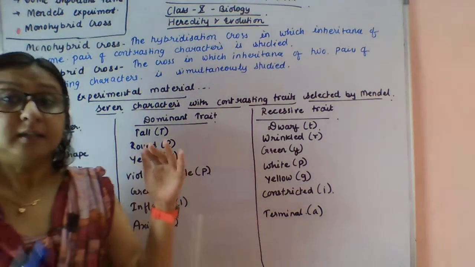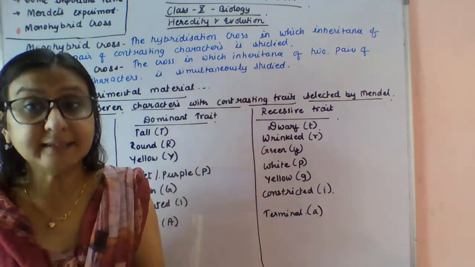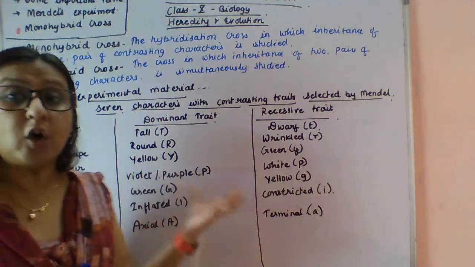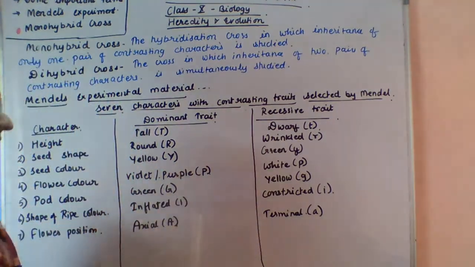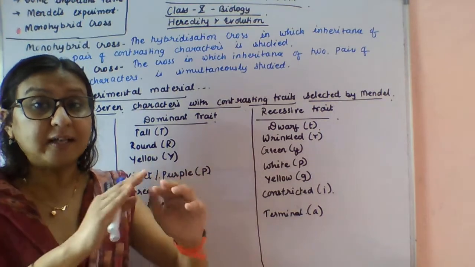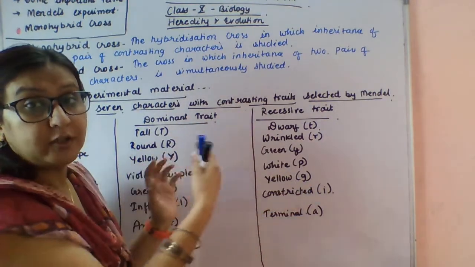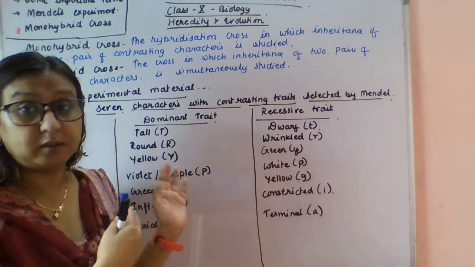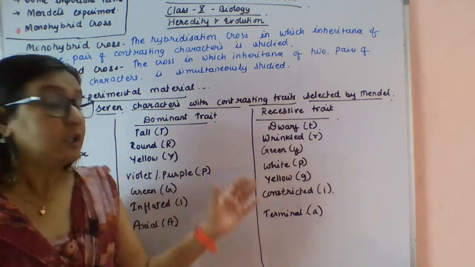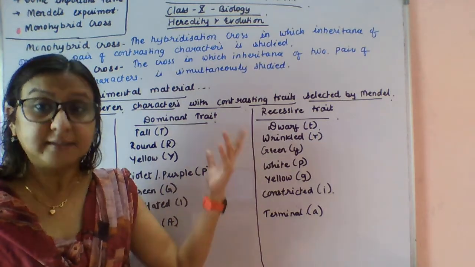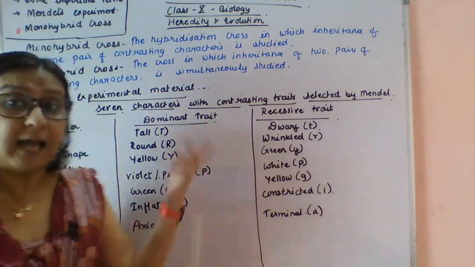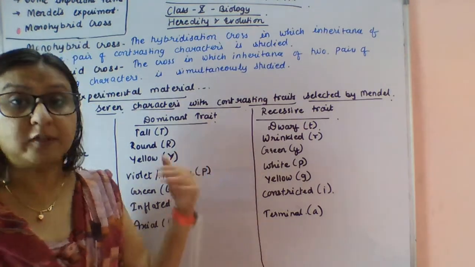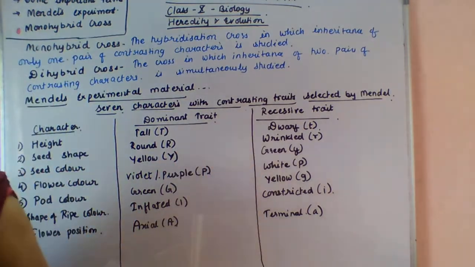He studied the pea plant, and why did he select it? Because he observed that the pea plant has 7 contrasting characters. Contrasting means just opposite from one character to another, that is easily observable. Mendel found these 7 contrasting characters, and he introduced two crosses, the monohybrid cross and the dihybrid cross. We will study it later.